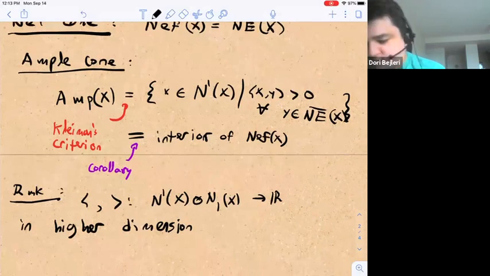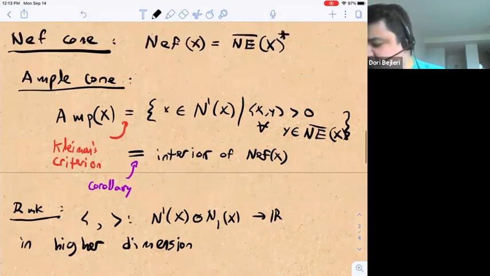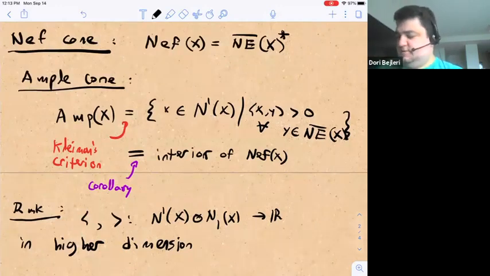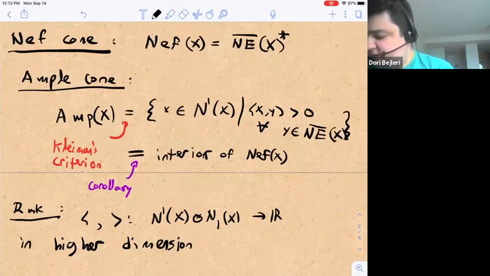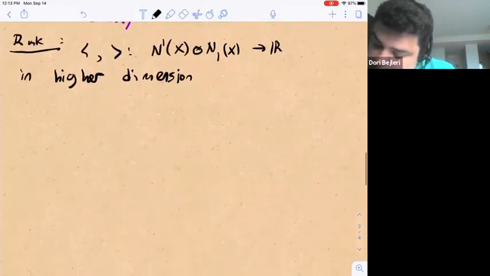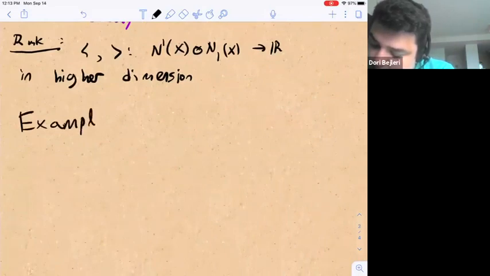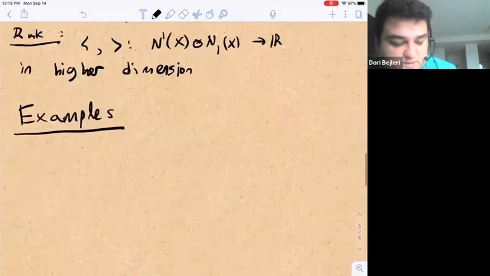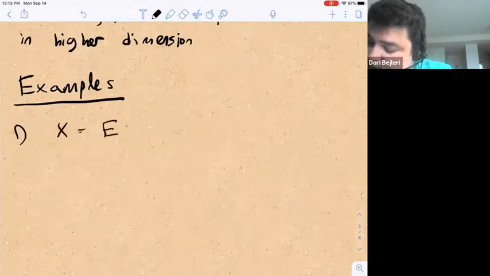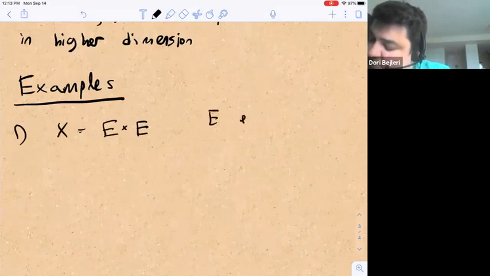I want to give some examples and counterexamples to basically justify why we need to work with the closure and to show how complicated this closure can actually be. So the first example is the surface E cross E, where let's say E is an elliptic curve.